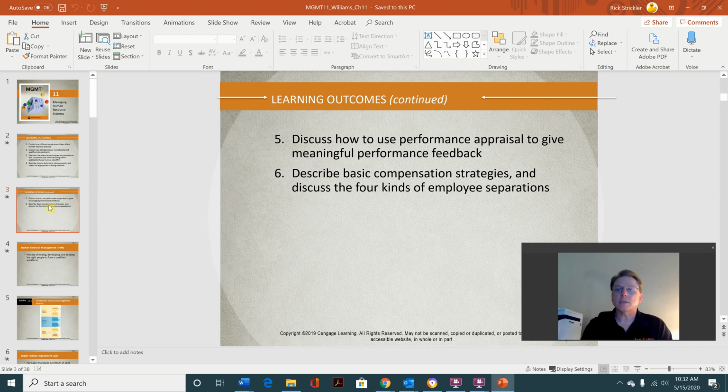Next, how to use performance appraisals to give meaningful performance feedback, basic compensation strategies, and the 4 kinds of employee separation.